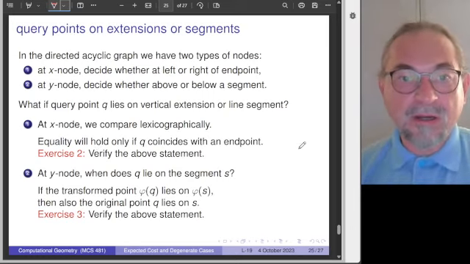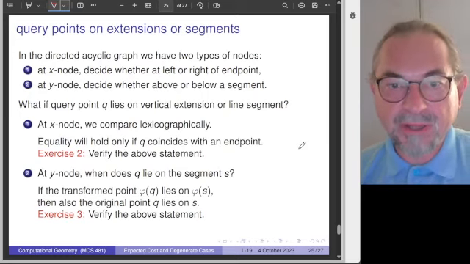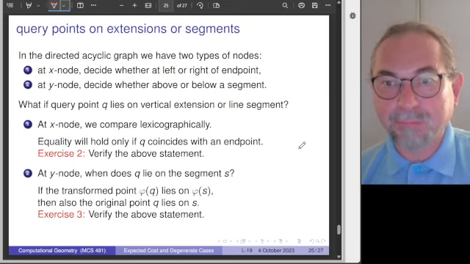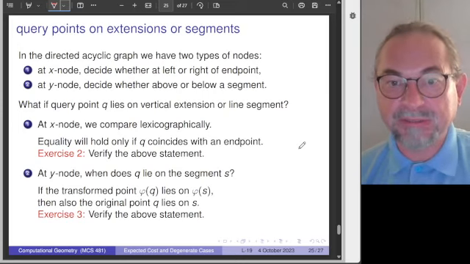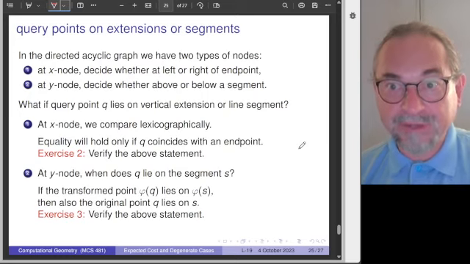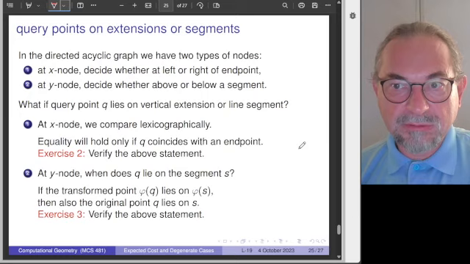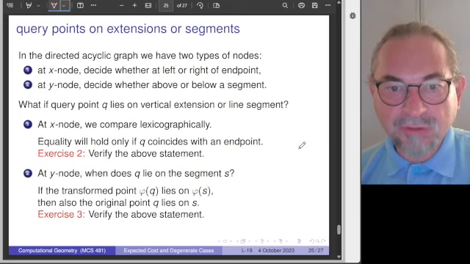You can only have equality if the query point coincides with the endpoint. Verify the above statements. That's an exercise. For the Y node, we are comparing heights.